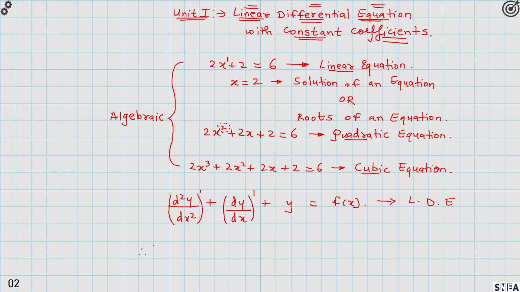So how to write it here? I will write a0 d2y upon dx square plus a1 dy by dx plus a2y equals what, students?